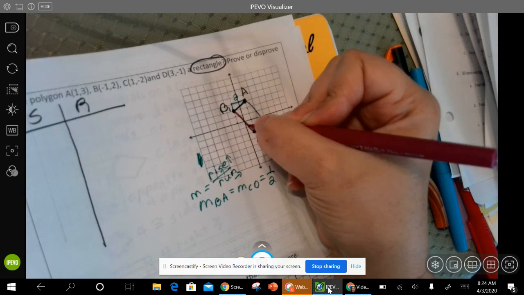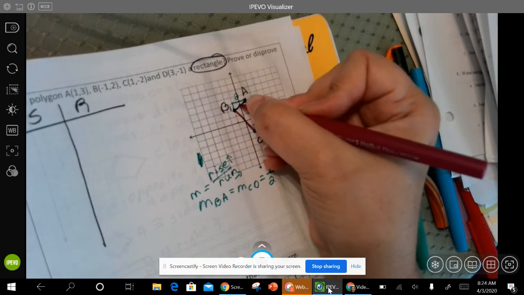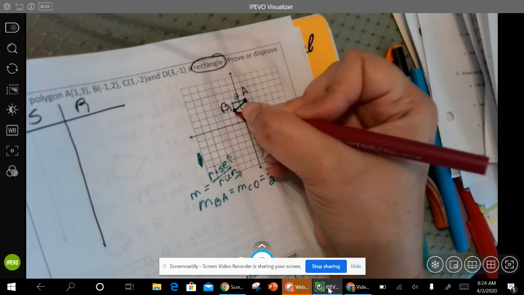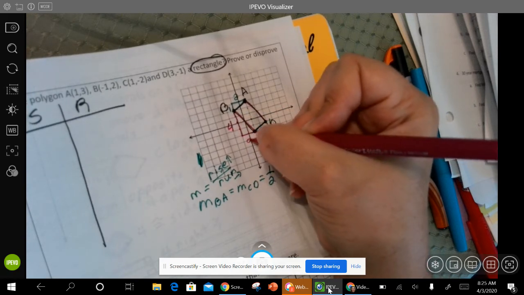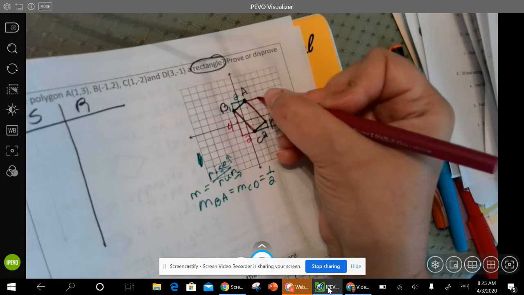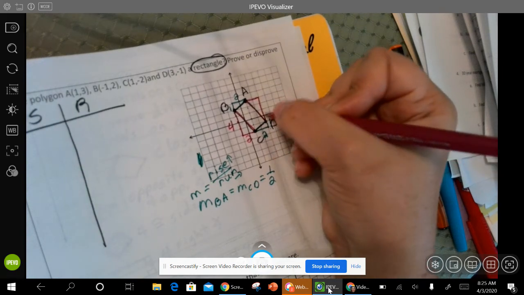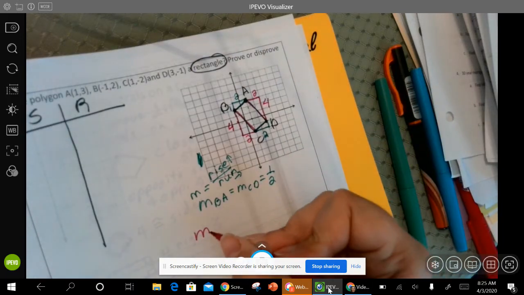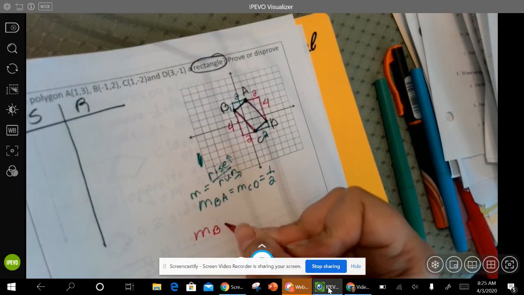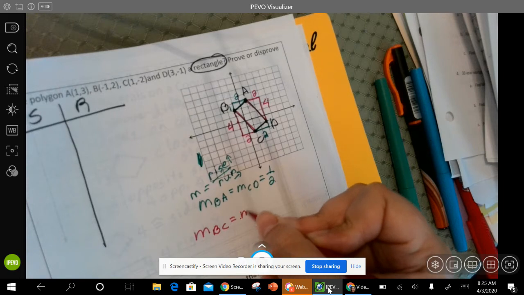So these are going downhill. Okay, so that means that it's going to be 1, 2, 3, 4, down 4, over 2, over 2, down 4. Okay, so notice we're going down. So the slope of BC is equal to the slope of AD.